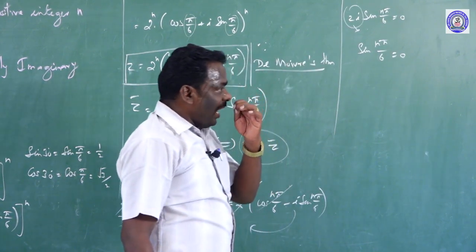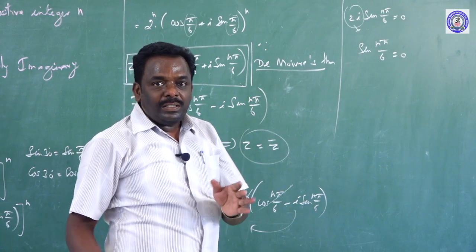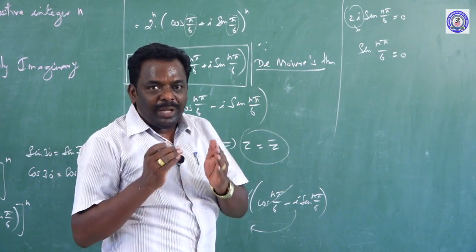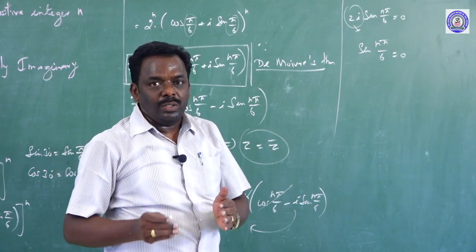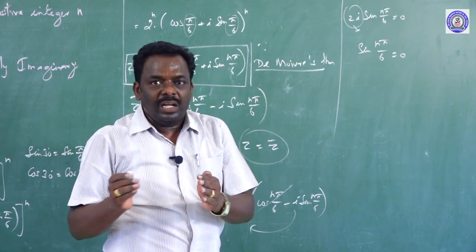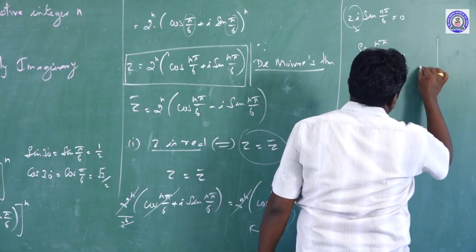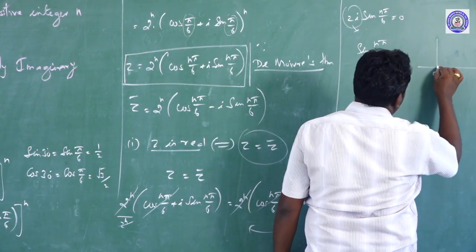Now for what value of theta will the sin become 0? Sin 0 equal to 0, sin pi equal to 0, sin 2 pi equal to 0, and so on. Wherever we have a multiple of pi, sin becomes 0. See here, sin 0 equal to 0.